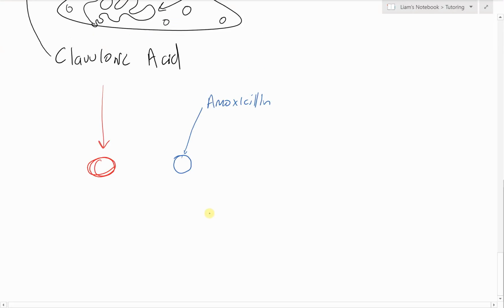And we'll make that our transpeptidase. And last of all, this is our beta-lactamase.